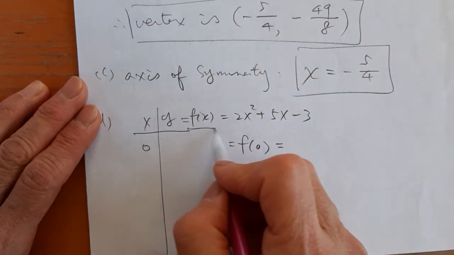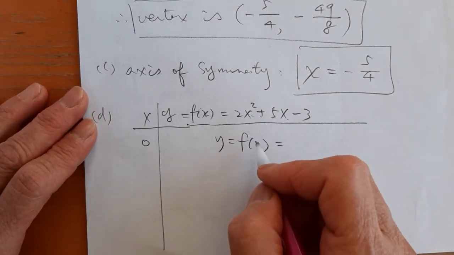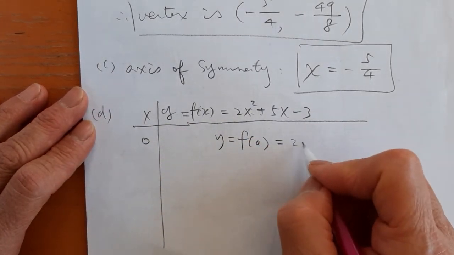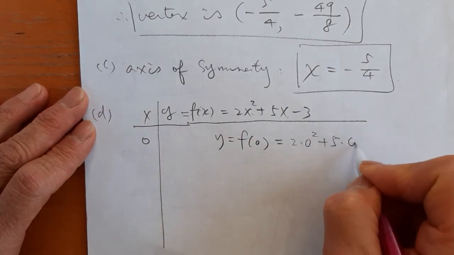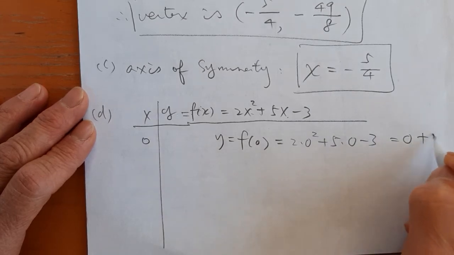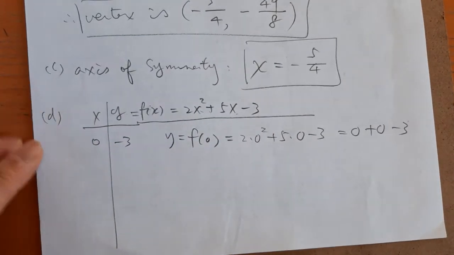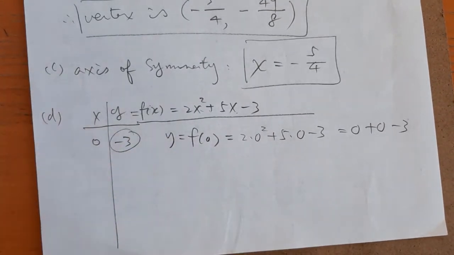So y is the function, you plug in: y equals f of 0, 2 times 0 squared plus 5 times 0 minus 3. So you get 0 plus 0 minus 3, negative 3. This is the y-intercept.